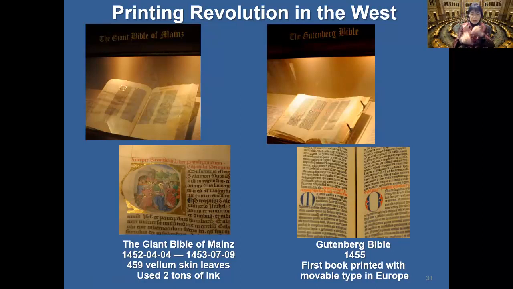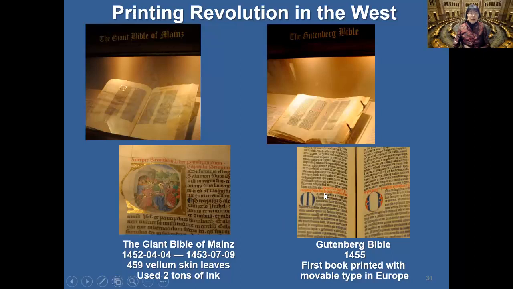You can just use all those movable types, put them in a set in a big tray, and then you can print them. So that was a huge revolution that completely changed our ways of communication.